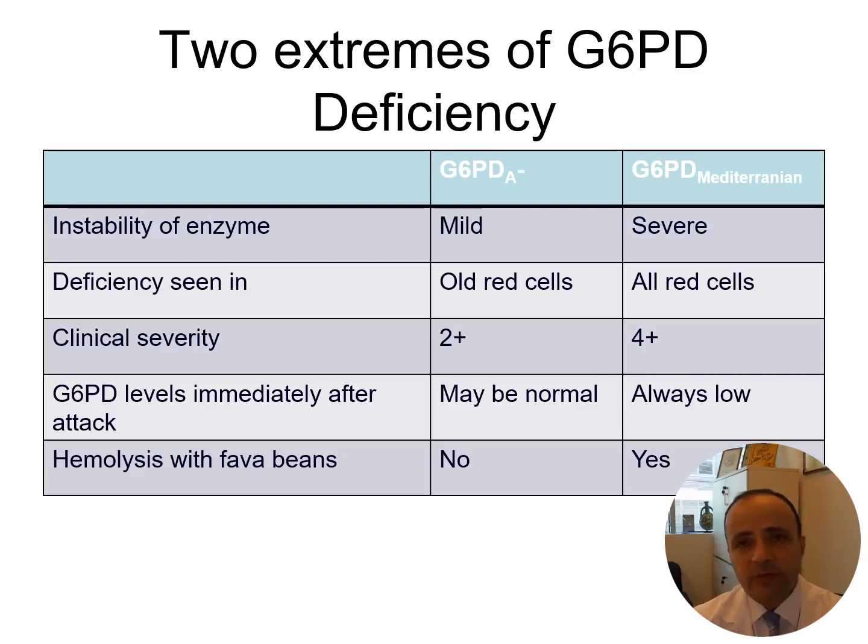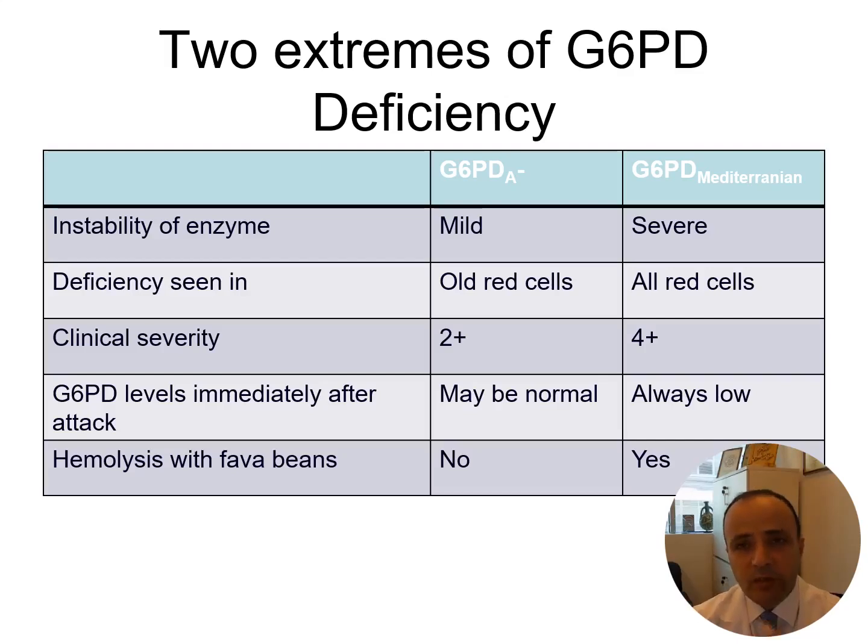If you measure the G6PD level during the acute hemolytic process, you're measuring G6PD only in the young cells, and you might be falsely reassured that this is a normal G6PD level, because only the young cells that have a good G6PD level are still surviving. So it's not a good idea to test during the acute hemolytic process because you're testing only the young cells. What's recommended is that you wait for a few months and test. This is when you test both young and older cells, leading to a proper diagnosis.